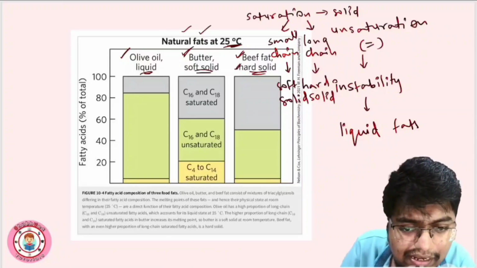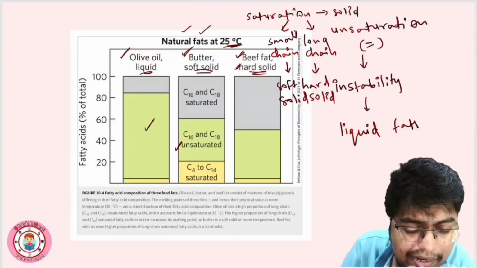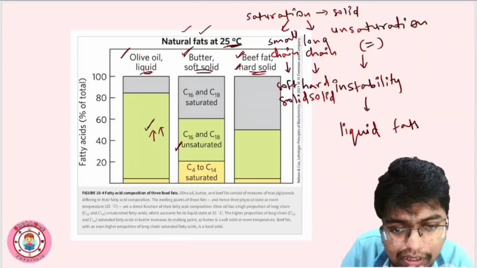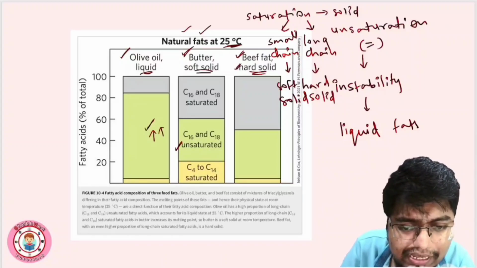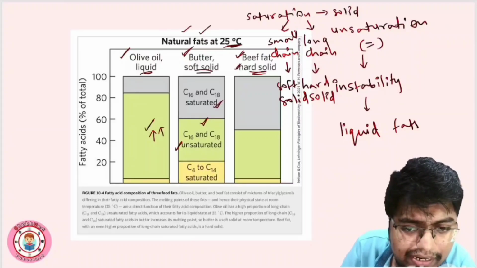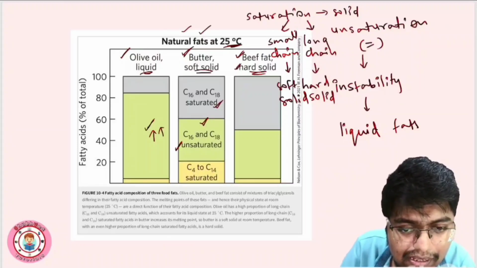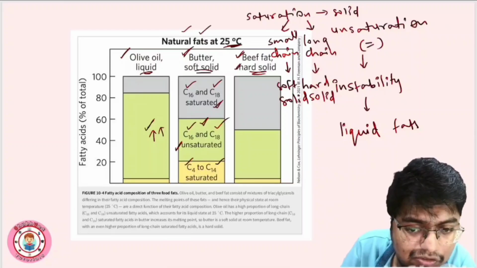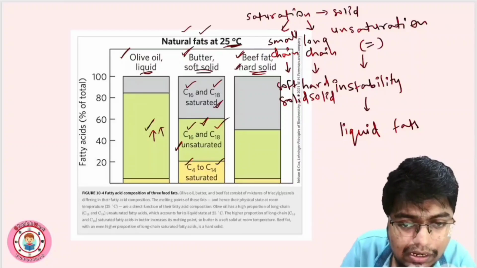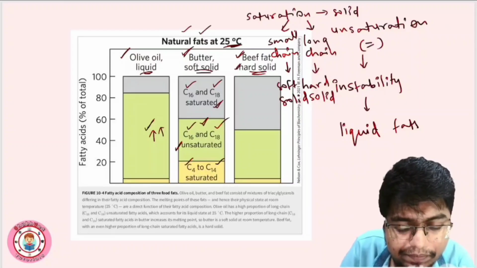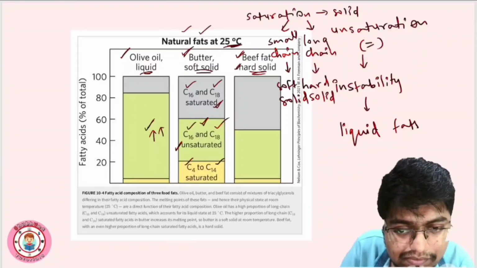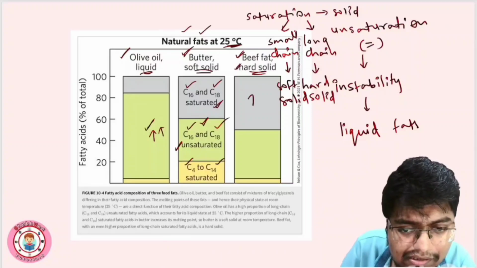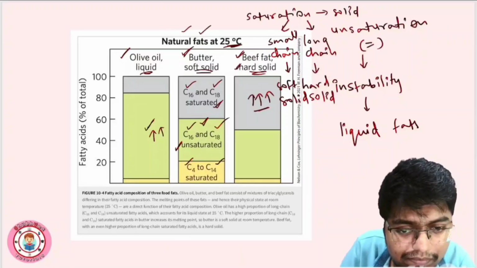So here green color is for unsaturation present in high amount. Here you can see almost equal unsaturated and saturated, right? C16, C18 and C4 to 14 saturated. Now in this case hard solid beef fat, you can see saturated is present in high amount, right?